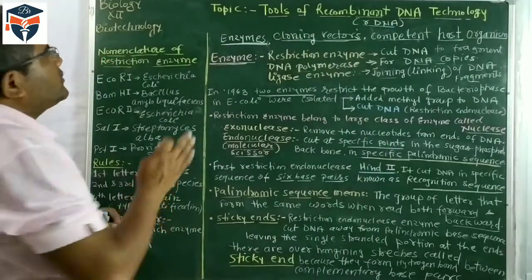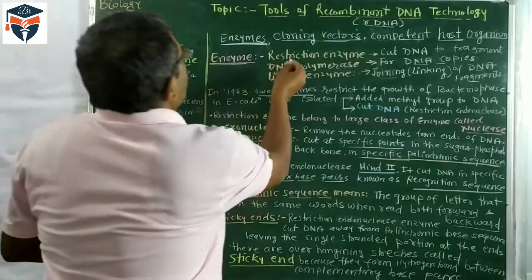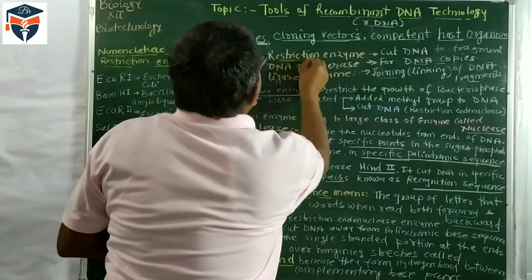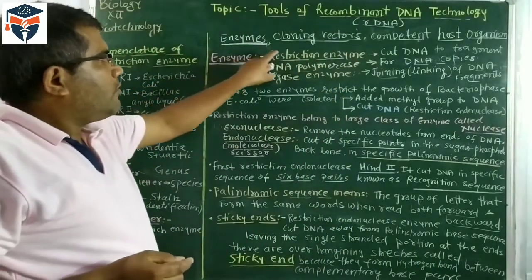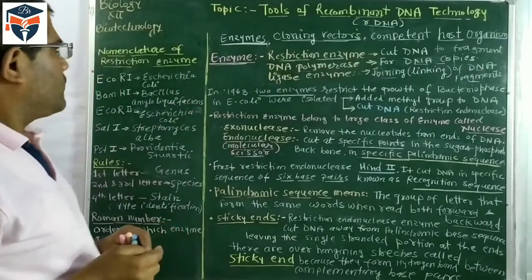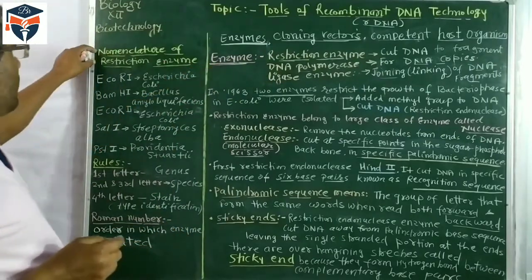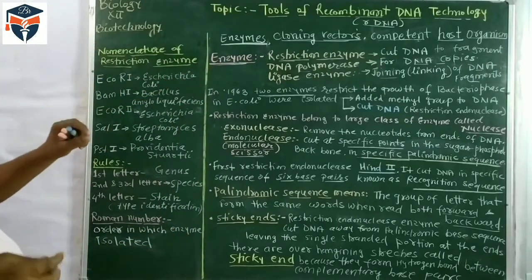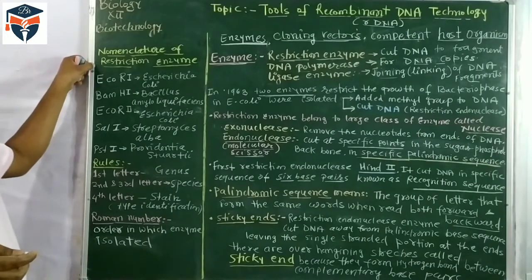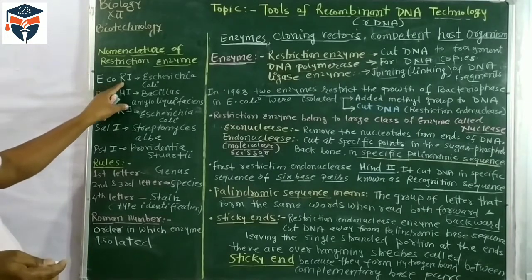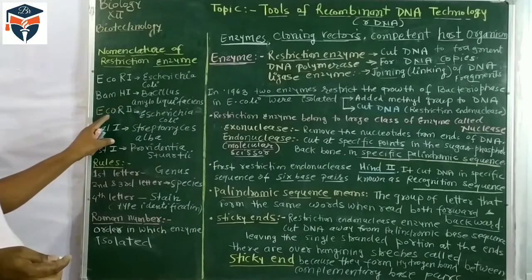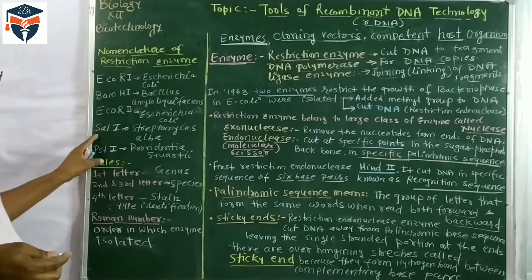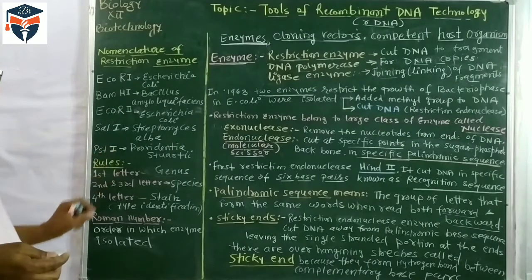So students, first we should remember the nomenclature of restriction enzymes. For the nomenclature of restriction enzymes, we have different restriction enzymes: EcoRI, BamHI, EcoRII, SalI, PstI.